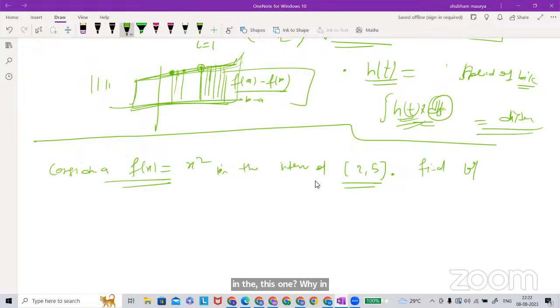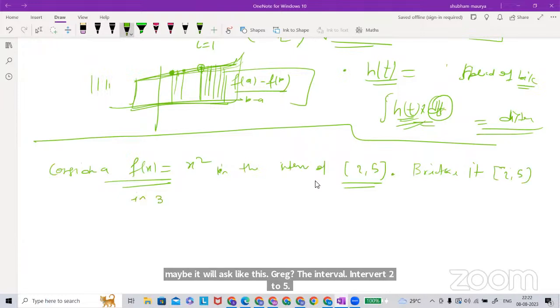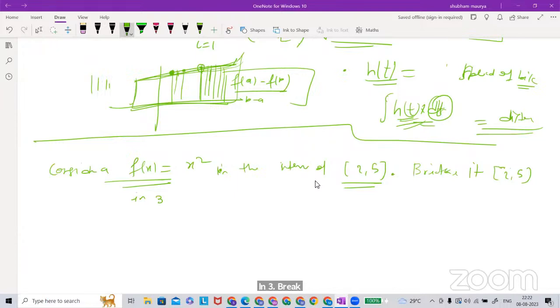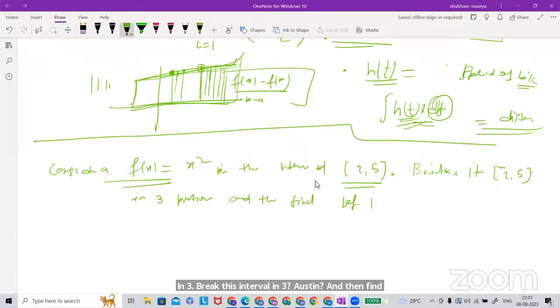Find the left Riemann sum. Or maybe it will ask like this: break the interval 2 to 5 into 3 portions and then find the left Riemann sum.